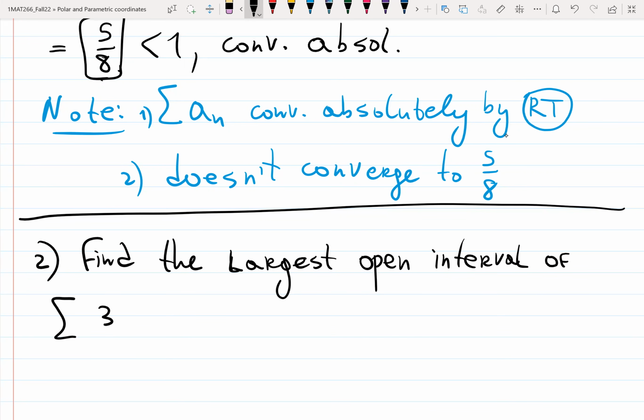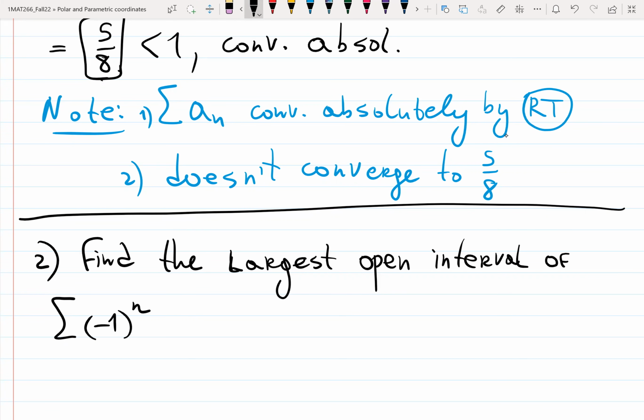That's too simple. Let's see something from the review, but also not trivial. Let's practice what happens with negative 1.